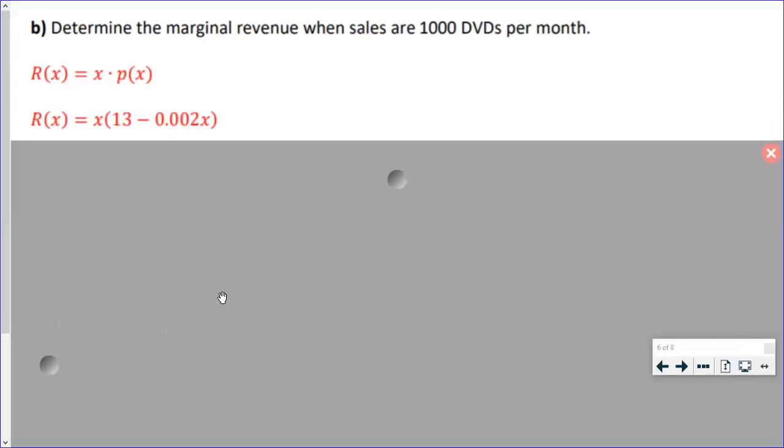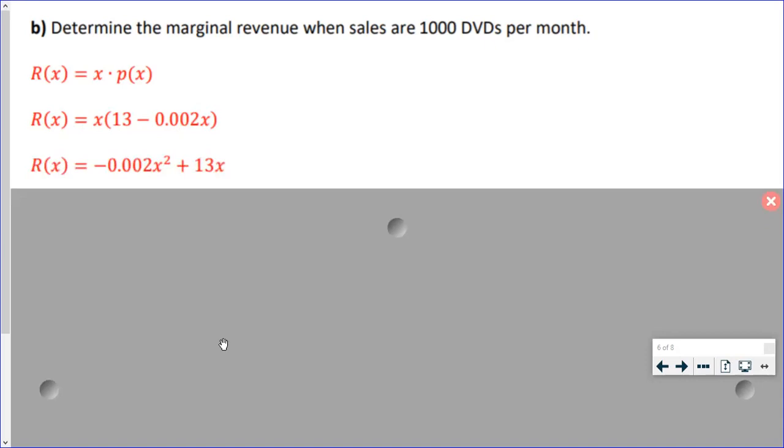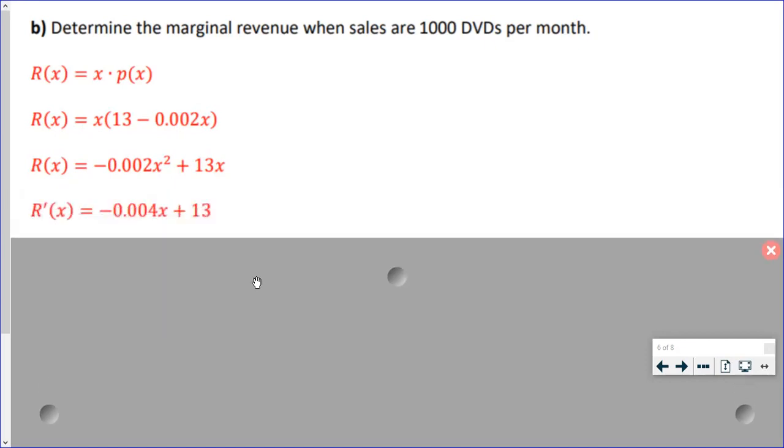Okay, so if I substitute my price function that we've come up with and multiply that by X, I now have a quadratic function. A linear function multiplied by the monomial X gives us a quadratic function.